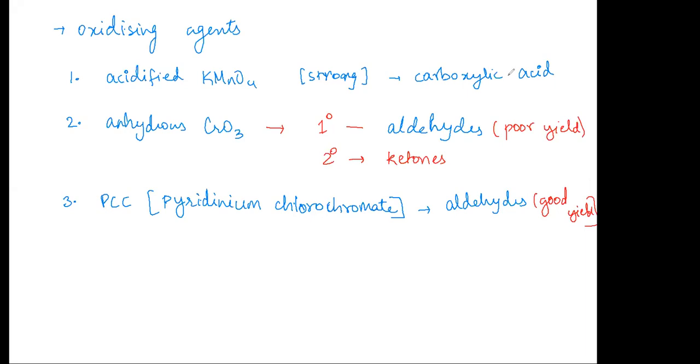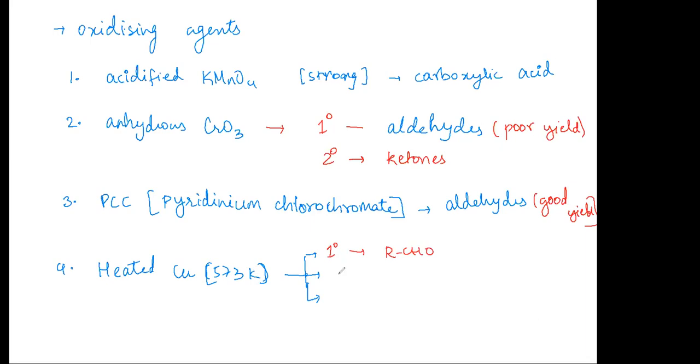Then you've got heated copper tubes at 573 Kelvin. So you pass any of the alcohols through heated copper tubes. Depending on which alcohol you're passing through, you get different products. So in this case, if you pass a primary alcohol, you get an aldehyde.